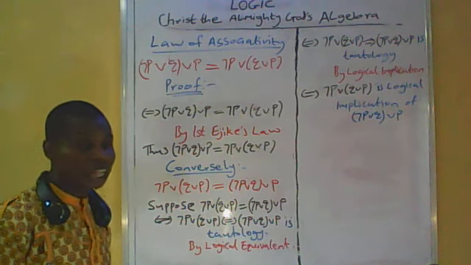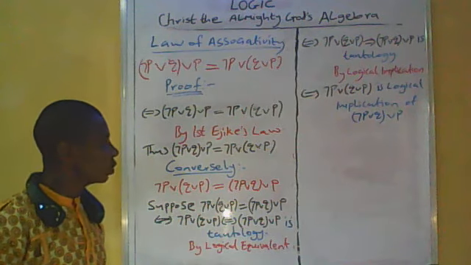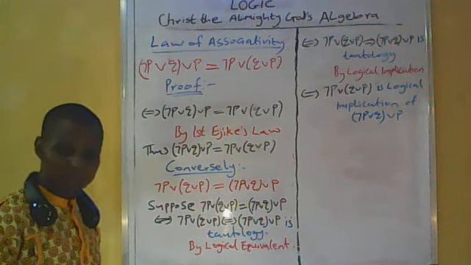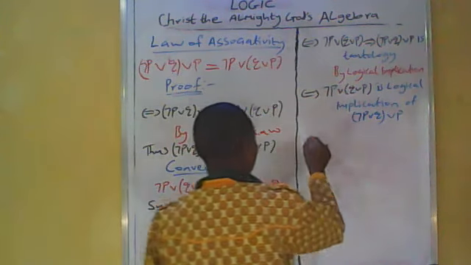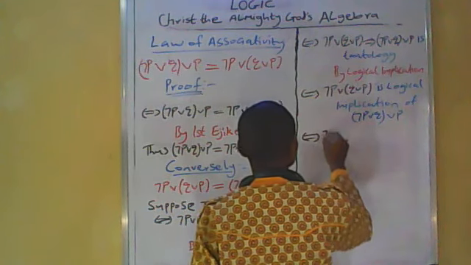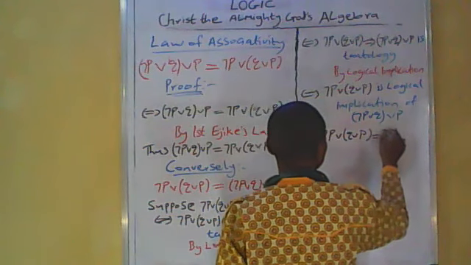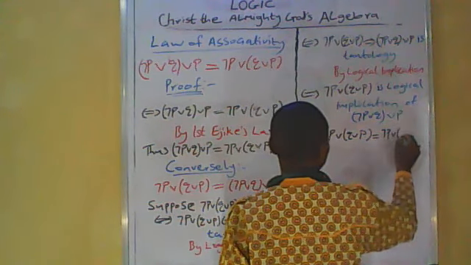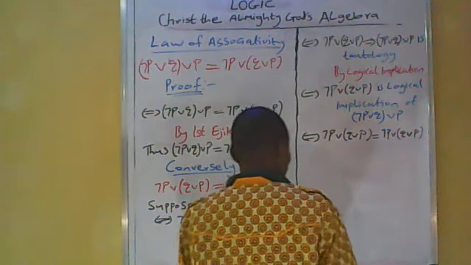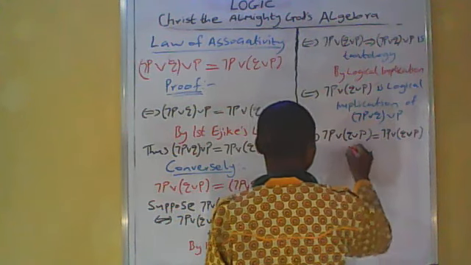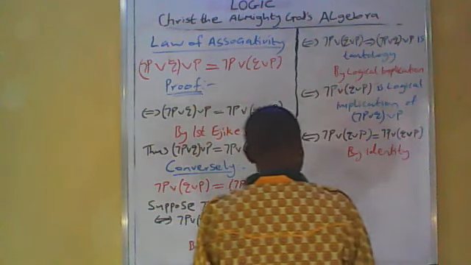And if it is certain that it exists, it is a logical implication of the consequent, that is, (not P or Q) or P. If this is true, this is also true. You say if and only if not P or (Q or P) is equal to not P or (Q or P), being justified by identity.